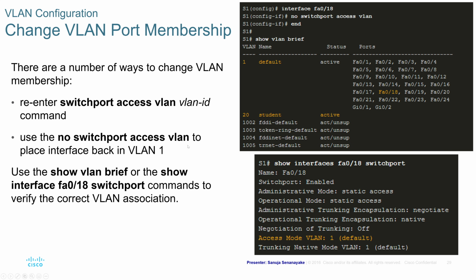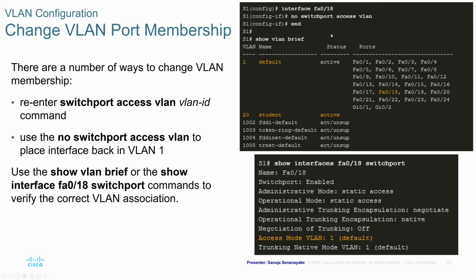Or no switchport access vlan will remove the VLAN association from that switch port and put it back onto VLAN 1. Remember to use show vlan brief or show interface with switchport commands to verify the correct VLAN association.